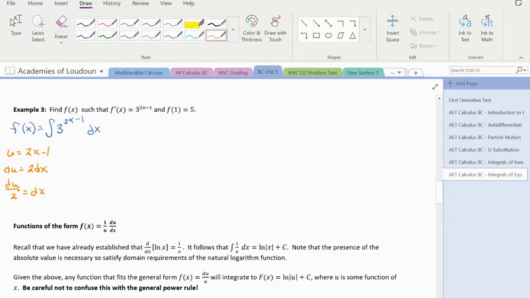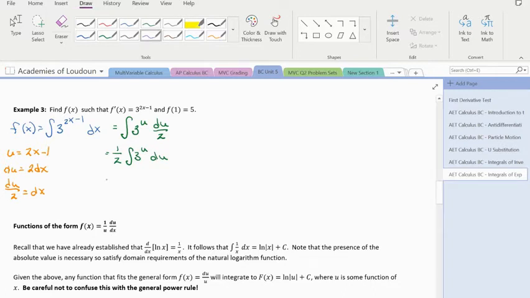which means that we now have the integral of 3 to the u times du over 2, which means this is 1/2 the integral of 3 to the u du.